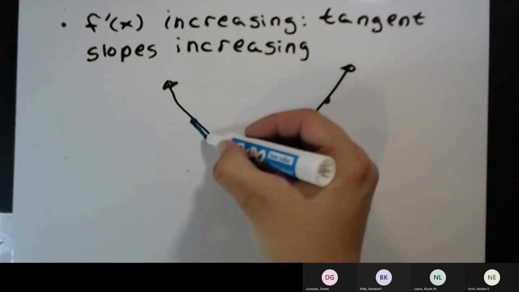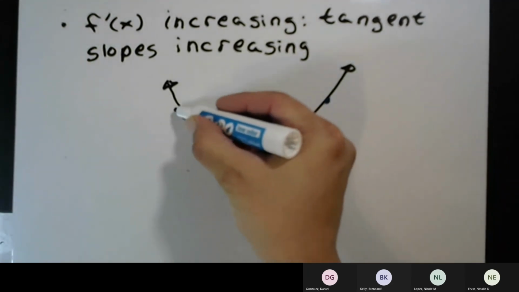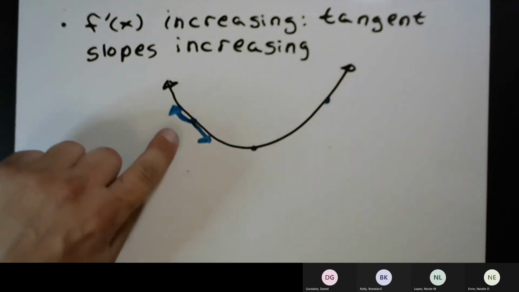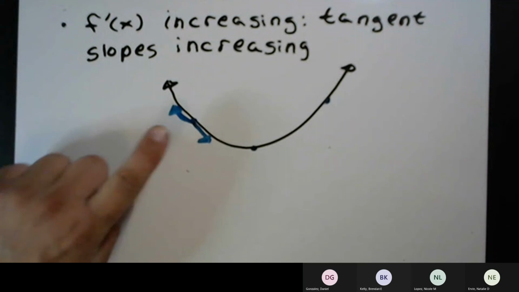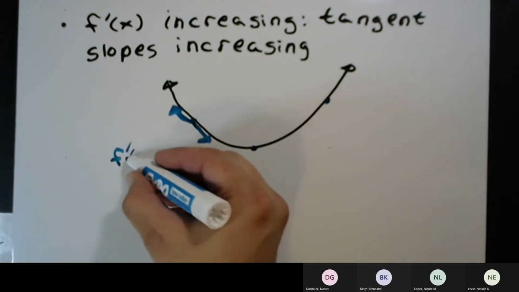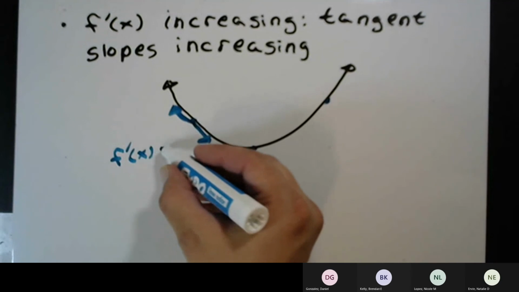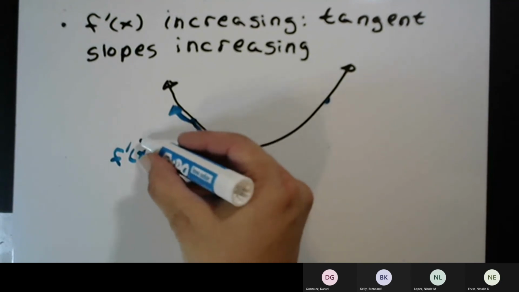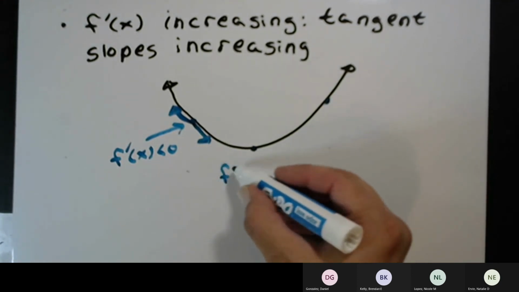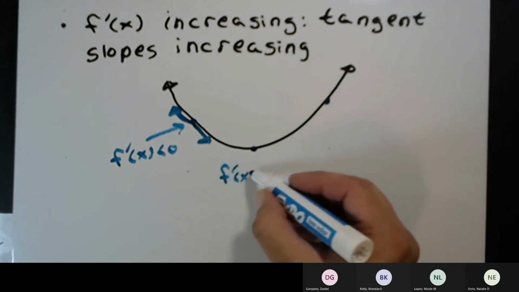This tangent slope, barring artistic license, is a negative tangent slope. And then this tangent slope is 0.